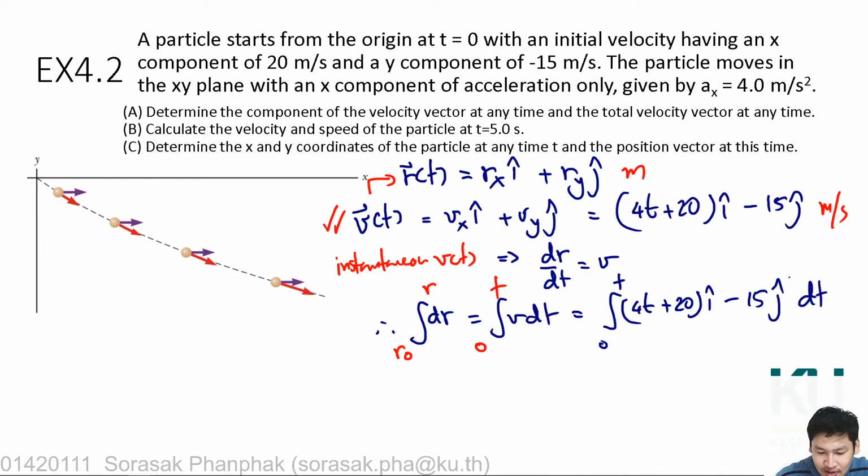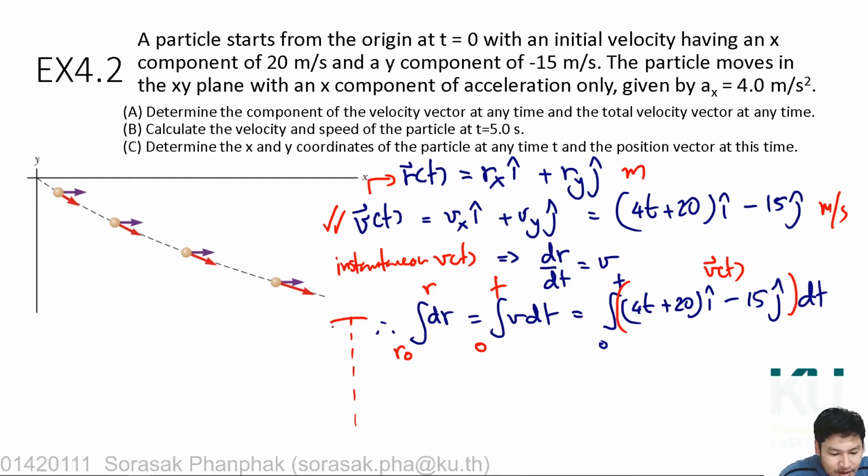So this is going to integrate the whole v(t) over here. What you get from this part, I will write down further here.